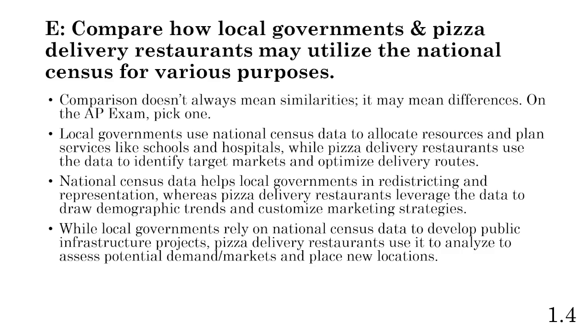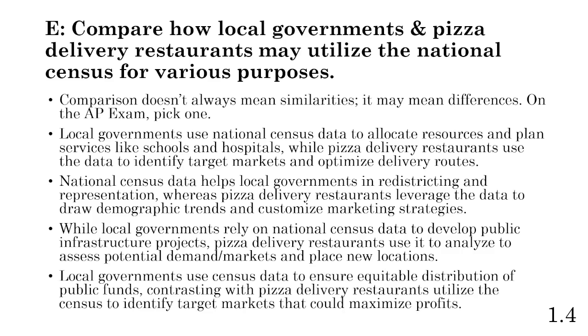They use it to build physical infrastructure. Local governments use census data to ensure equitable distribution of public funds, contrasting with pizza delivery restaurants who utilize the census to identify target markets that could maximize profit. So essentially what all you had to do here was give one reason local governments use the census and one reason pizza delivery restaurants can use the census.